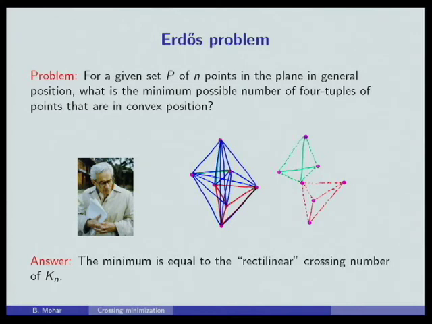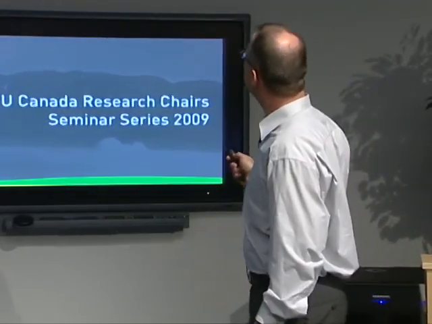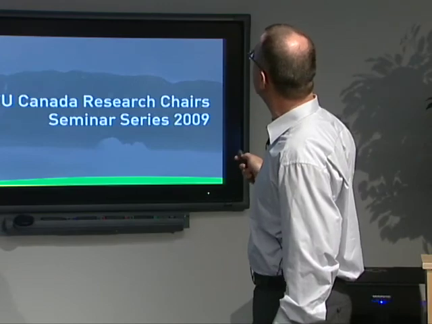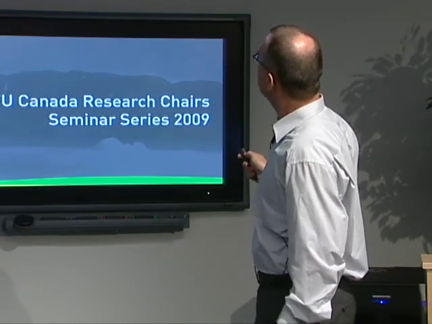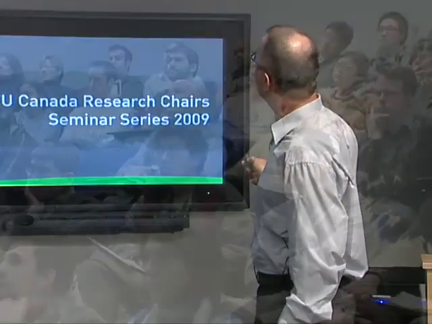And then the question is, if you look at all 4-tuples of vertices, you take all possible 4-tuples of vertices, how many of them are in convex position? Convex position means like these 4 vertices. And if they are in convex position, if you draw all connecting edges, you get a crossing.